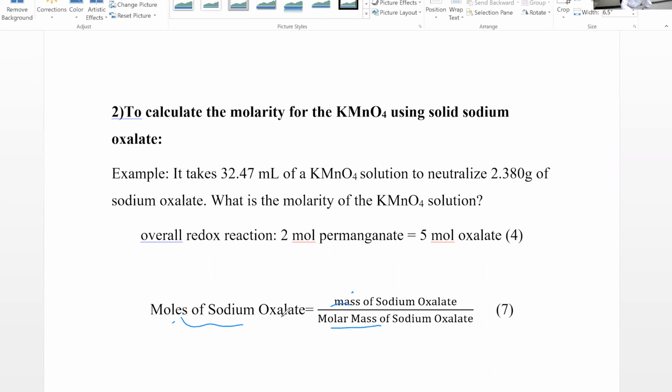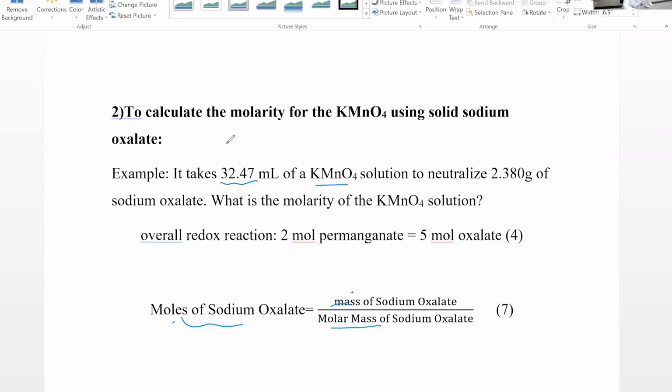When you have the moles of oxalate, then you use the ratio of 2 moles of permanganate for every 5 moles of oxalate. So you can find the moles of permanganate. When you have the moles of permanganate, you divide by the volume of permanganate used. Let's say in this example, you have 32.47 milliliters of permanganate used.